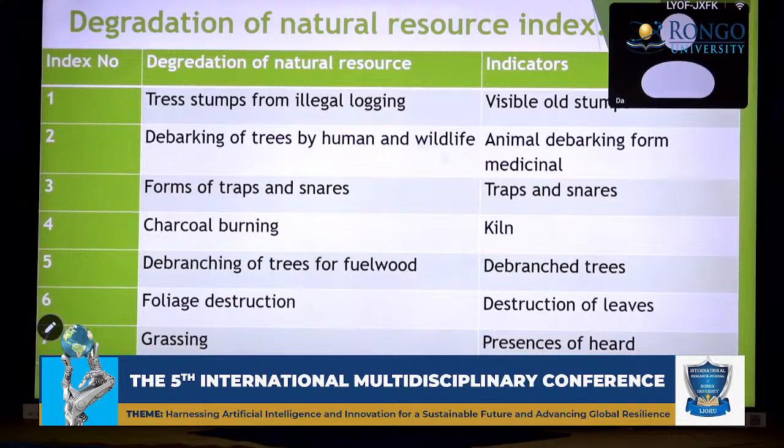For instance, tree stumps from illegal logging, that was visible from the old stumps, debarking, forms of traps and snares, charcoal burning, debranching for fuel wood, foliage destruction, grazing, and others. And the indicators are very clear against each element of natural resource degradation.